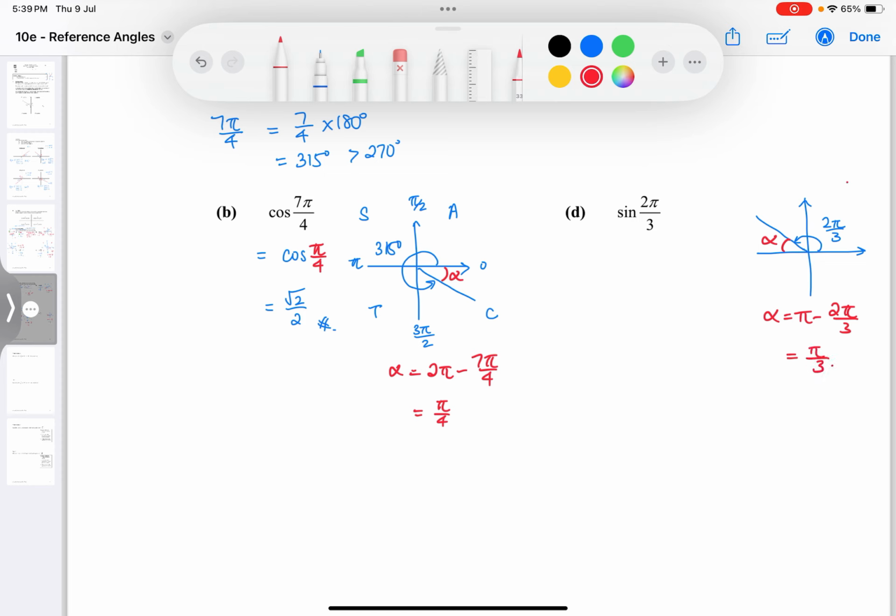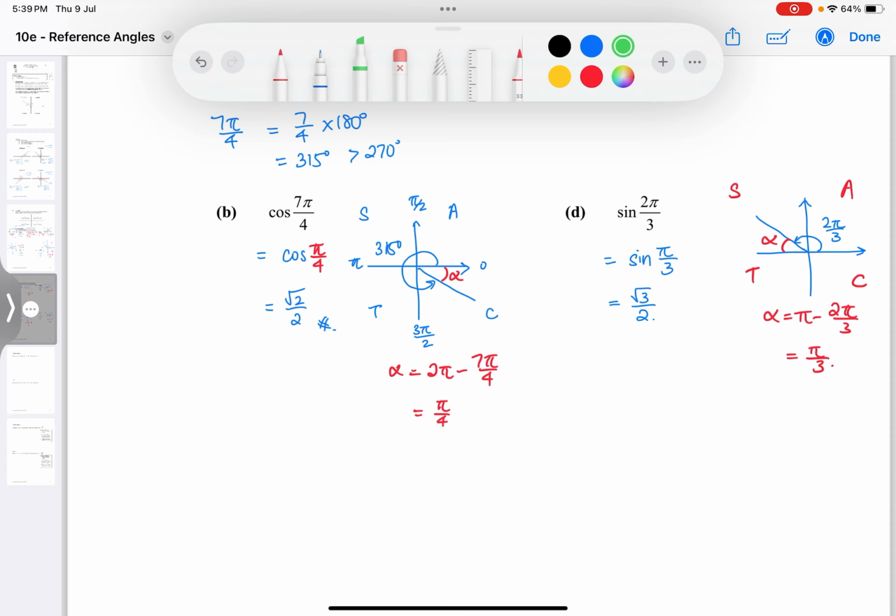Because of ASTC, in the second quadrant, sine is positive, so sine of 2 pi over 3 is equal to sine of pi over 3. And this is a special angle, which is root 3 over 2.